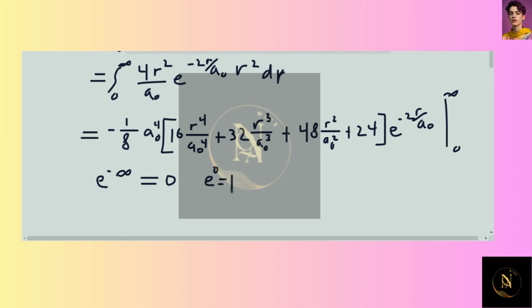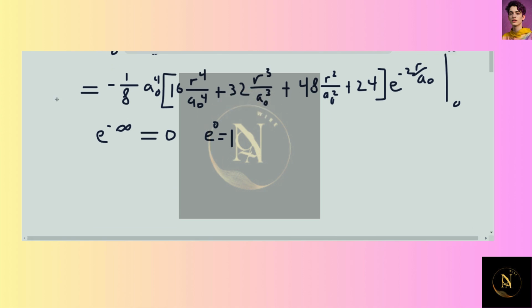So if you plug in infinity, every value is going to be equal to 0, because each value is multiplied by e to the minus infinity. And if you plug in 0, all the values go to 0 except for the value 24, because they're all multiplied by some power of r, whether that be r to the fourth, to the third, or squared. So you plug in r equals 0, and anything times 0 is 0.